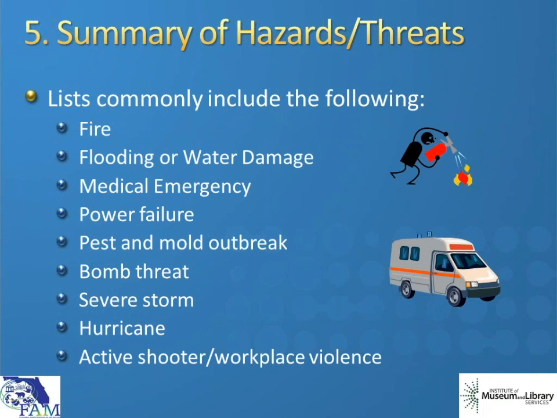Next, this is just a quick list of commonly seen hazards at facilities. We have fire, flooding and water damage, medical emergency, power failure, pest and mold breaks are often included, bomb threats, severe storms, hurricanes, and the actually very dreaded active shooter and workplace violence. All of these should be included within a list just so you know that it's been acknowledged by everyone.